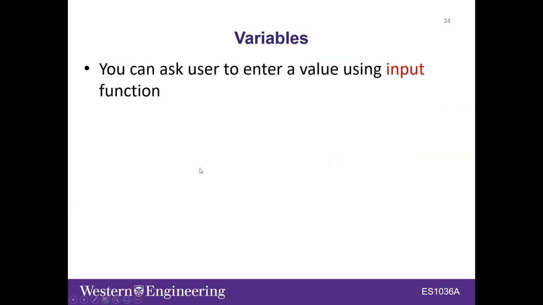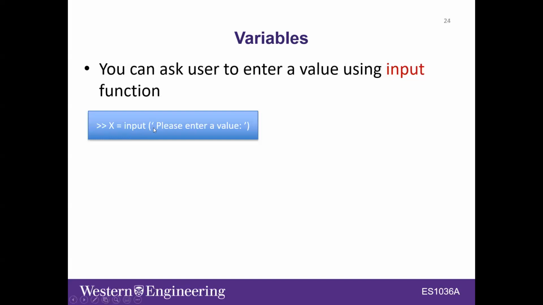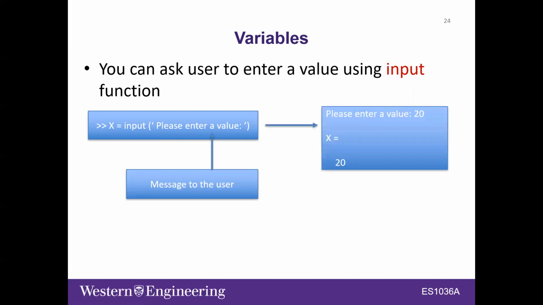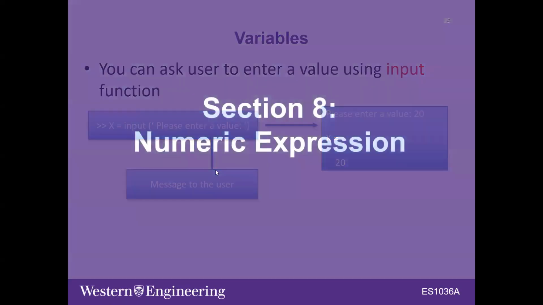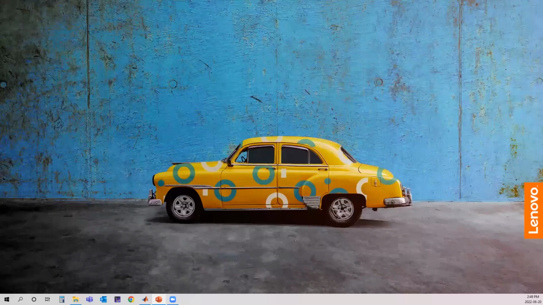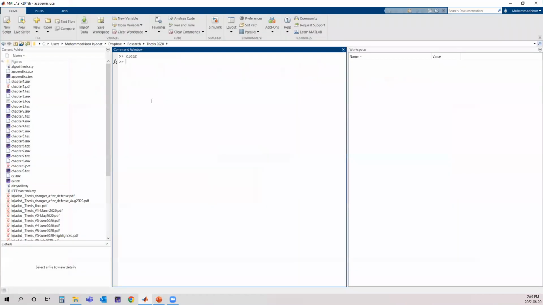You can ask the user to enter a value using the input function. x equal input, please enter a value. That is the message to the user. I can show you how it looks like.